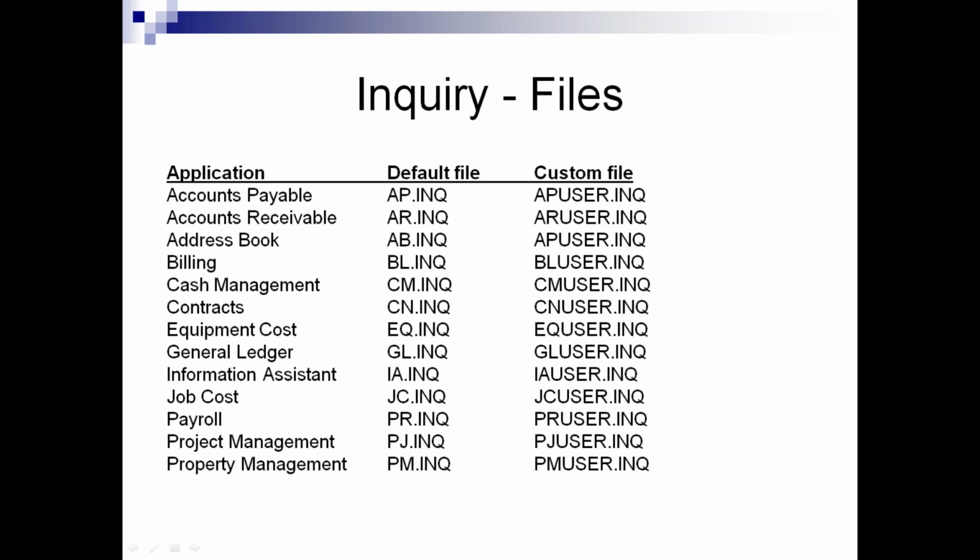Each application has the 2-character abbreviation with .inq as the extension. There's only one default file for each application. Every single inquiry that comes with your software from Sage is stored within that one file for each application.